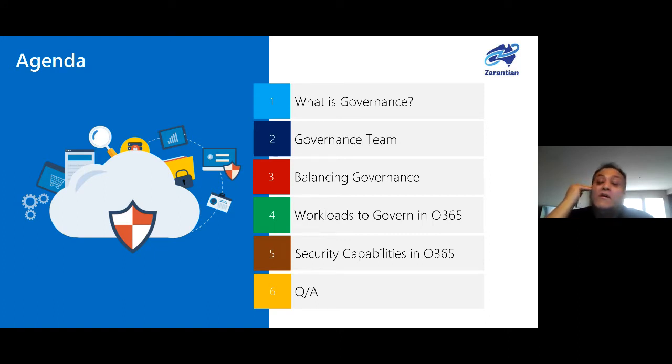So basically, it is what is governance. I'm assuming everybody is agreed that we do need to govern our content, so I'm not going to go into why we need to govern our content. I'm going to cover what to govern and how to govern it, and what all the technology capabilities you have available at your disposal within your organization.